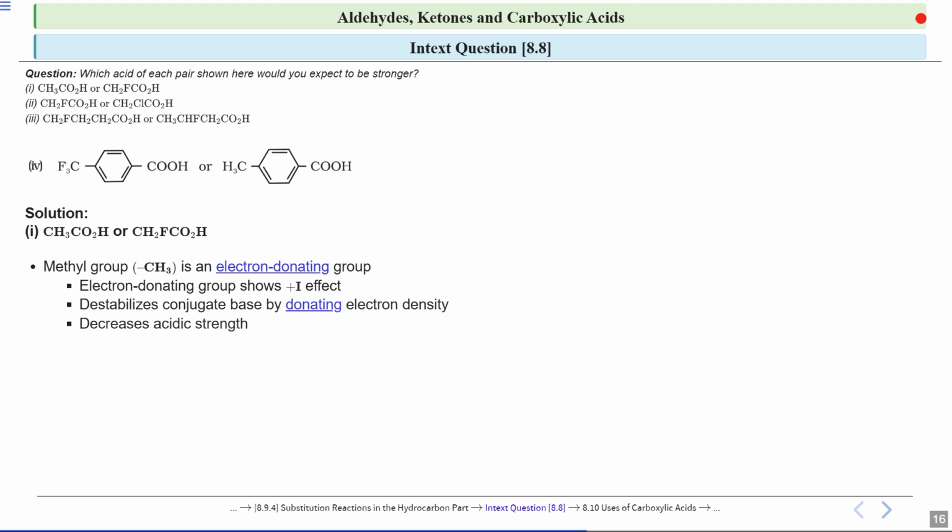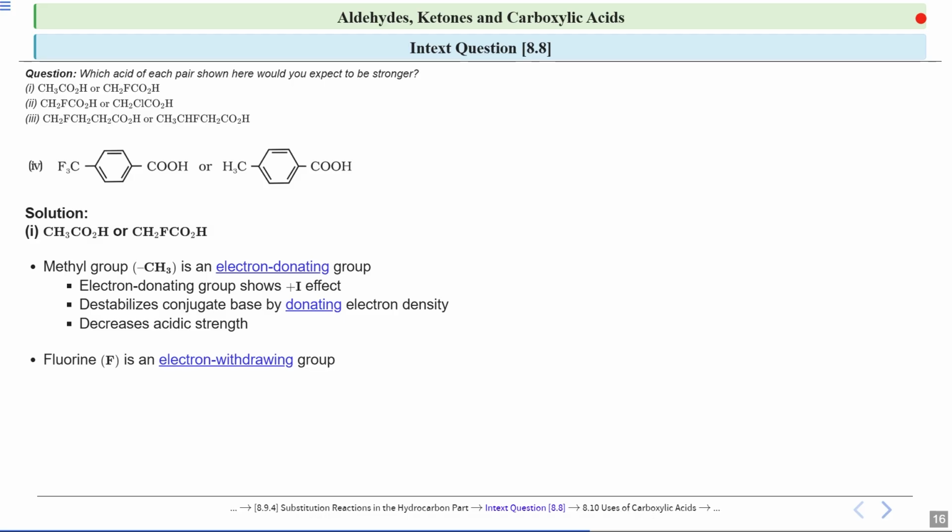So the presence of this methyl group decreases the acidic strength of CH3CO2H. Okay, in other words, this acid is less likely to donate a proton compared to an acid with a group that pulls the electrons away.